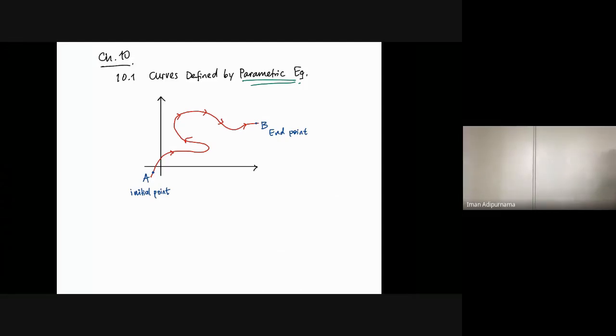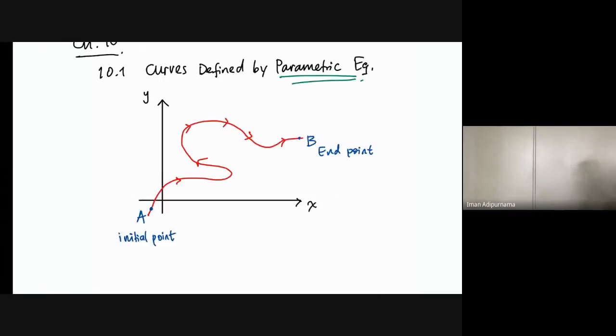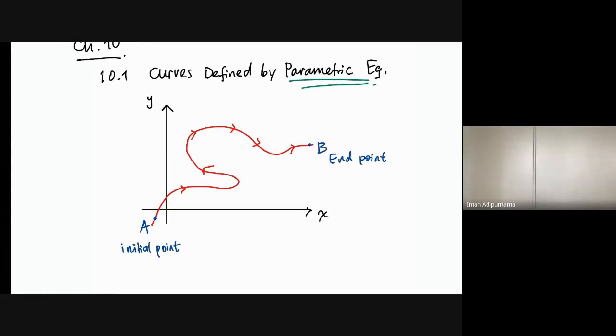So parametric, of course, if you see the curve, or maybe if you see the axis, this is X, this is Y. If you see only the curve with the axes X and Y, the first question I can ask is, is the curve a one-to-one function?